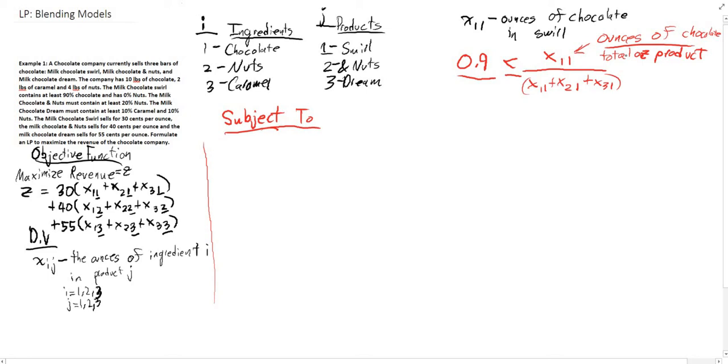This is your ounces of chocolate over your total ounces of product. And then in order to shorten this and get rid of that fraction, now that we've explained this, we're going to have our swirl chocolate constraint. So x11, the ounces of chocolate, has to be greater than or equal to 0.9 times the total amount.